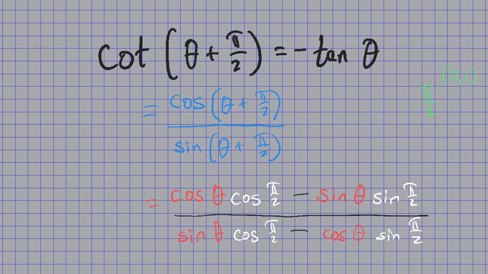Now, if you go to page 27 and look at the chart for pi over 2, you'll notice that that's straight up, 90 degrees. At 90 degrees, we have the cosine and the sine.